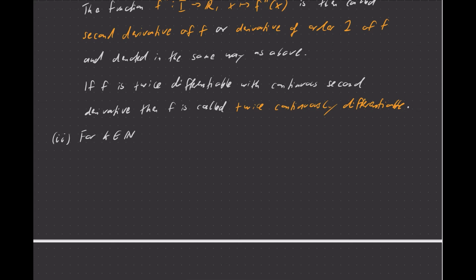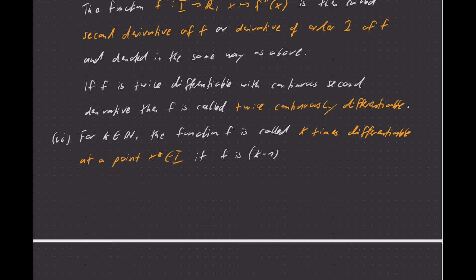So for k in N, the function f is called k times differentiable at a point x star in I if f is k minus 1 times differentiable on I. So as before, we need differentiability on I, on the whole interval, and the function f to the k minus 1, so the derivative of f of order k minus 1 is differentiable at the point x star.